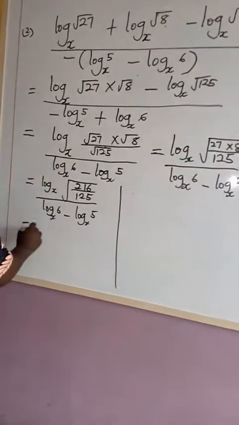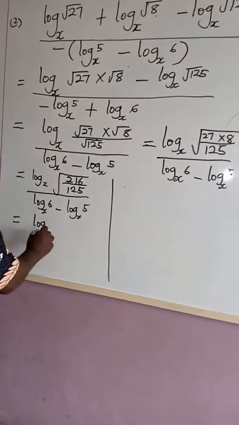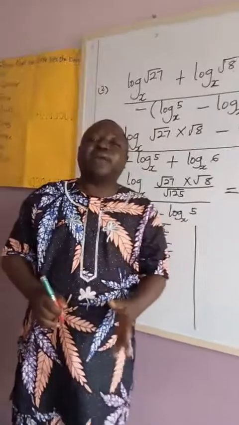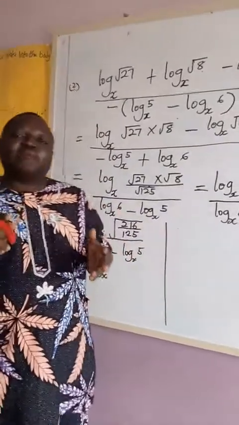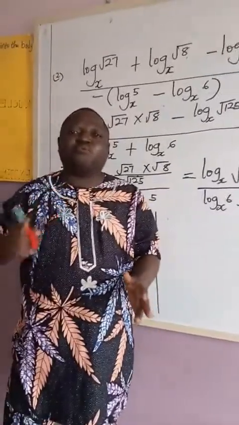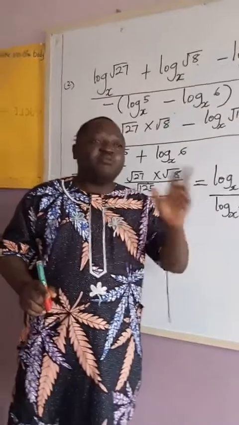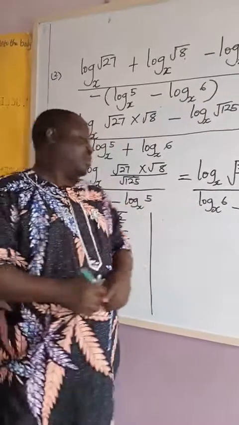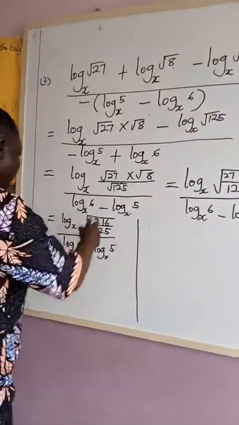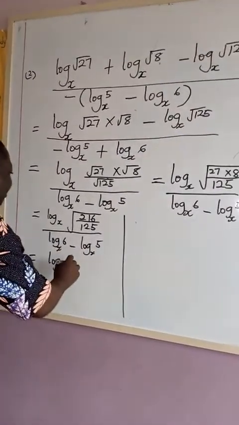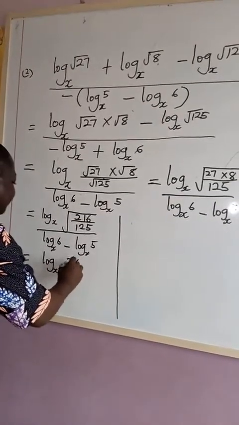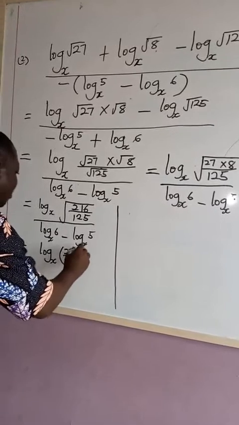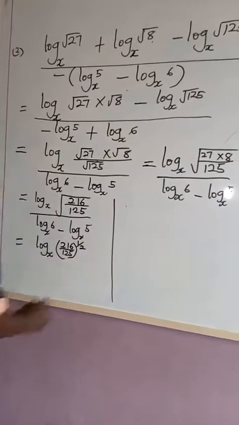Then we can rewrite this as logarithm in base x of, now square root of a number simply means the number is raised to power 1 over 2. Cube root of a number means the number is raised to power 1 over 3. So now, square root of 216 over 125 is 216 over 125 raised to power 1 over 2.